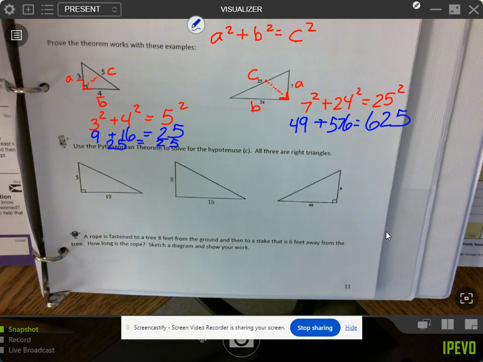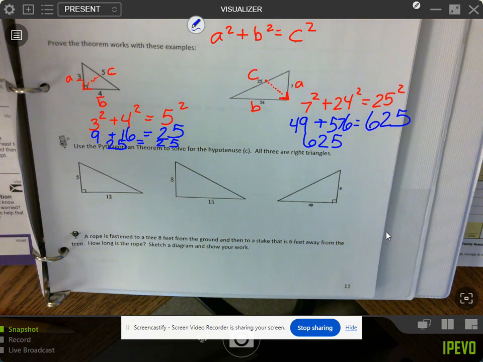So now we're going to say, is 49 plus 576 equal to 625? 625 does equal 625. I did my math correct. So when you are doing this on the test, you actually want to do everything. I didn't guess. I used the calculator.